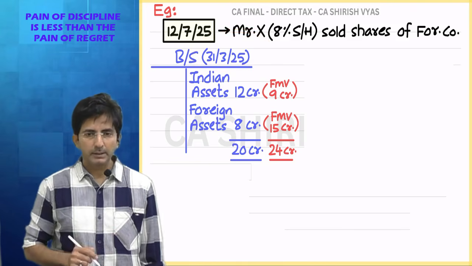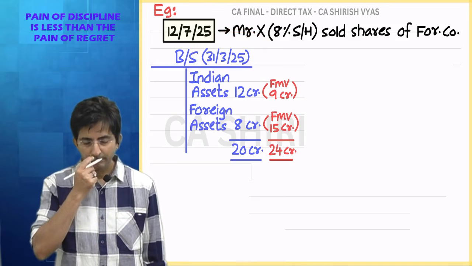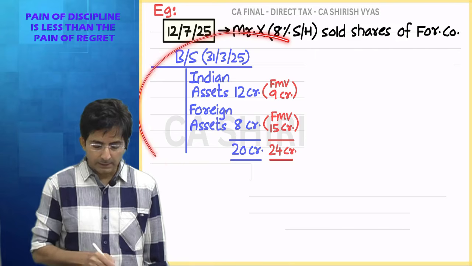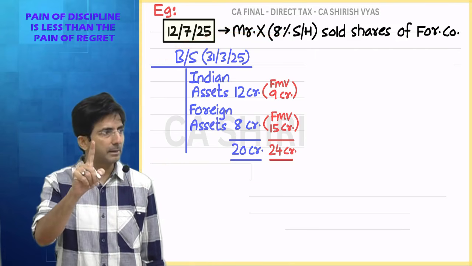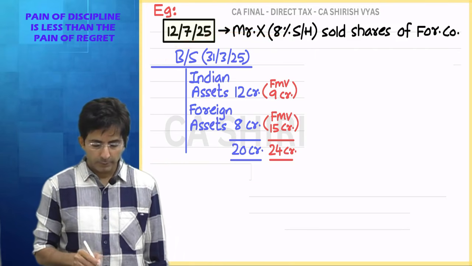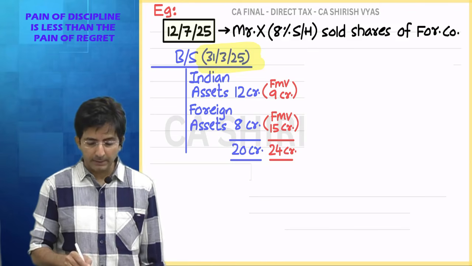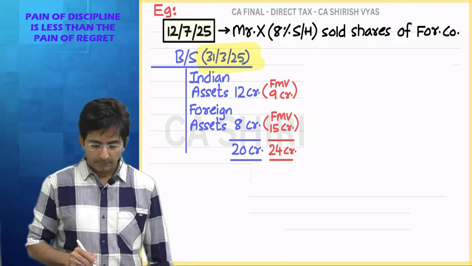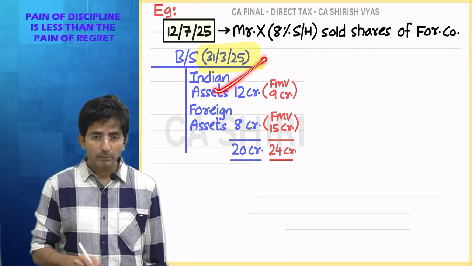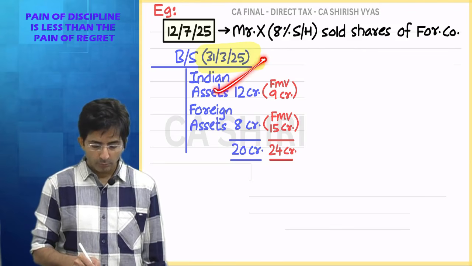Now check the condition. This is the balance sheet of that German company. Take that same example. Did you see which date the balance sheet is of? Preceding accounting year. Indian assets book value 12 crores, foreign assets 8 crores, total 20.